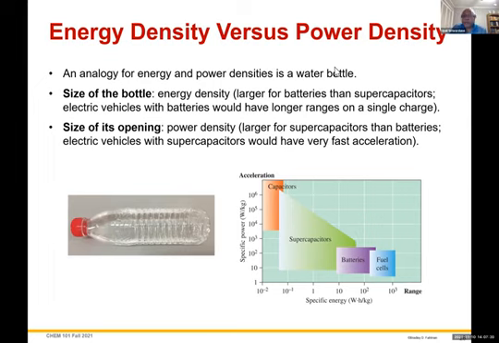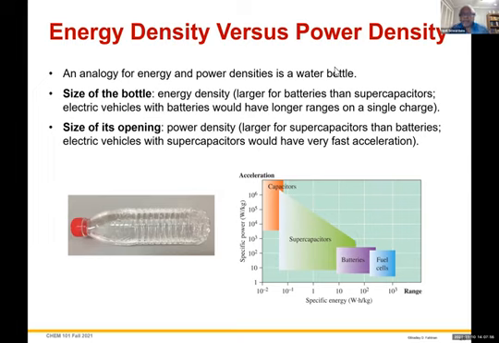Now we're going to talk about fuel cells that are coming in to replace the batteries, nickel-cadmium batteries or lithium-ion batteries. Out of these three alternatives for energy storage, the fuel cells are the best. Batteries are next, but they have very slow release of energy.